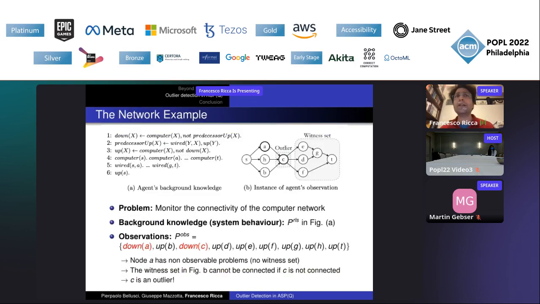So consider this example in which we have a network of computers that is displayed in figure B, and basically a computer is down if its predecessor is not up.